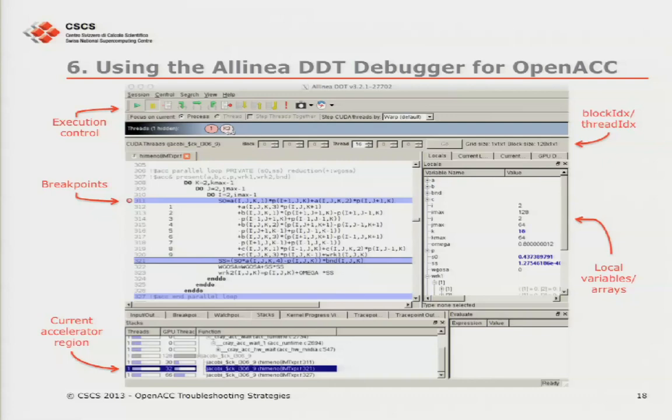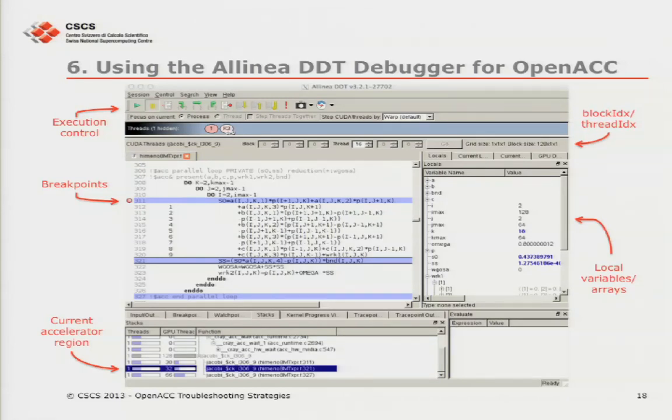So here's a screenshot of the sort of information you can get from DDT with an OpenACC code. Up here you can see some of the controls for executing the DDT job. You can see a breakpoint here within an accelerator region.